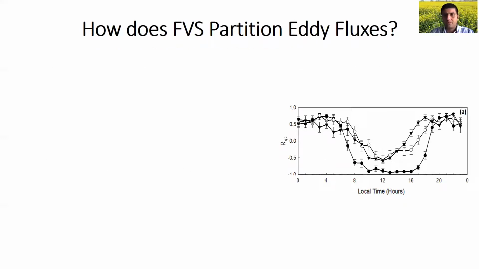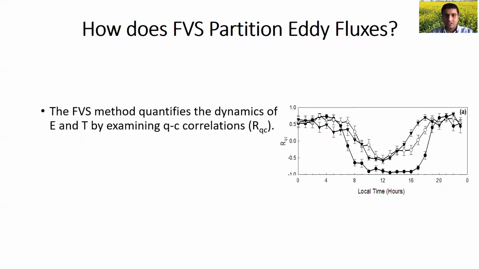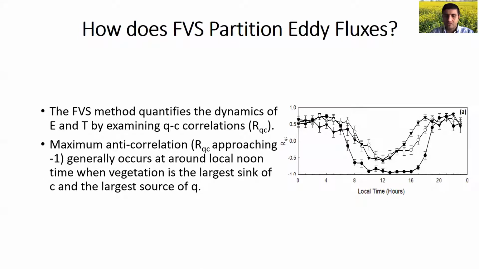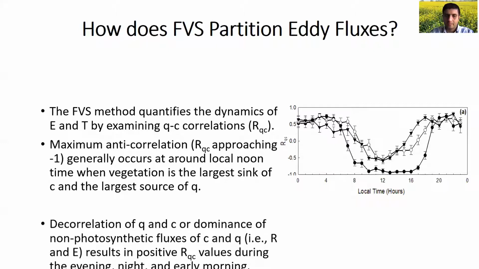How does FVS partition eddy fluxes? The FVS method quantifies the dynamics of E and T by examining the correlation between CO2 and water vapor fluxes. Maximum anti-correlation between CO2 and H2O fluxes generally occurs around noontime, when vegetation is the largest sink of carbon and at the same time the largest source of water vapor through the same stomata.